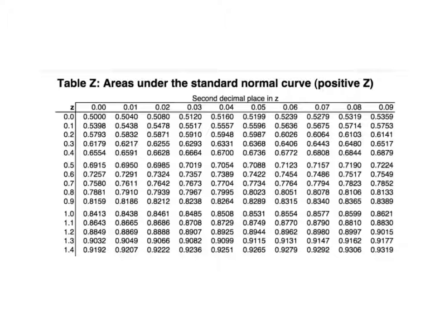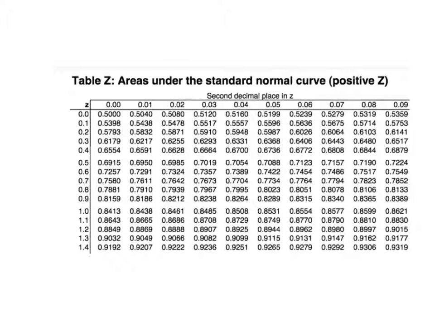And in this textbook, every textbook's different, but in this textbook, the scores represent areas to the left of the line. So if I have my normal curve right here, let me just sketch this one real quick. So if this is my normal curve, and this is 0, and let's say this z-score of 1, then this area right here, 0.8413, is equivalent to the area underneath the curve.